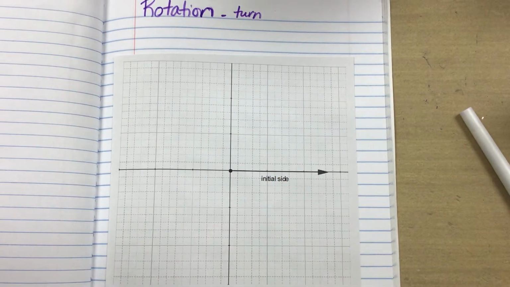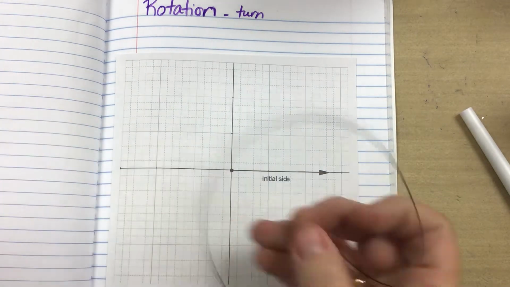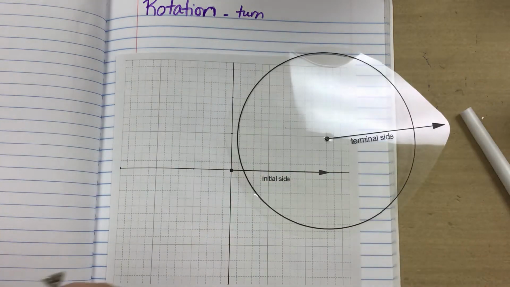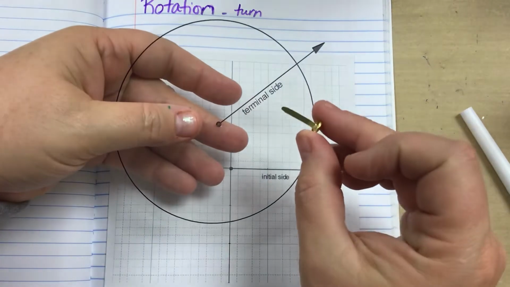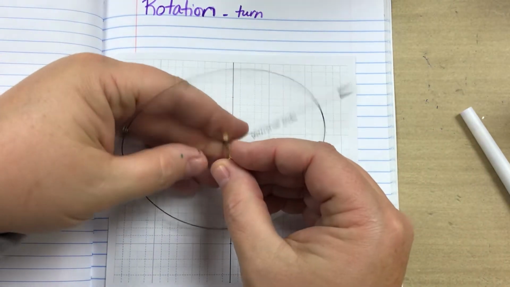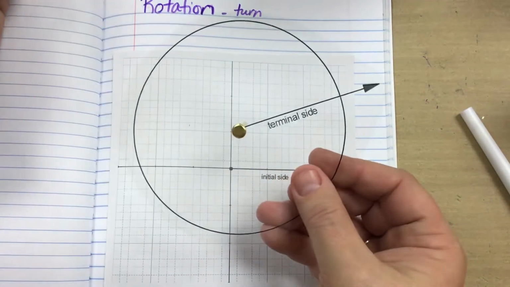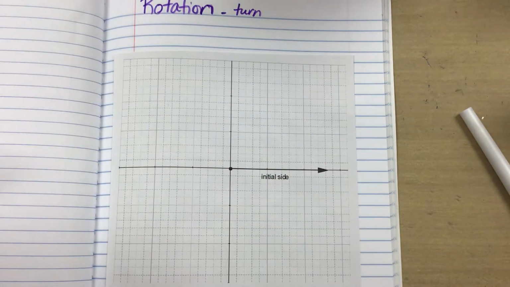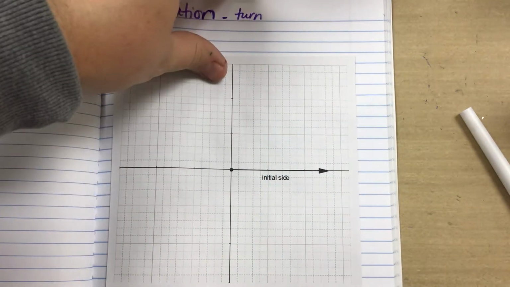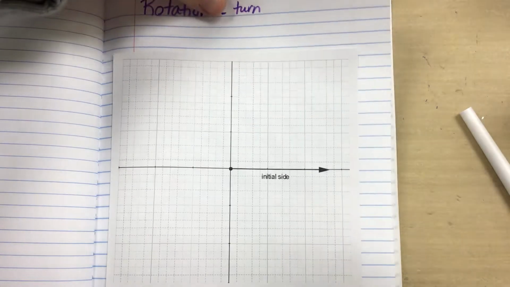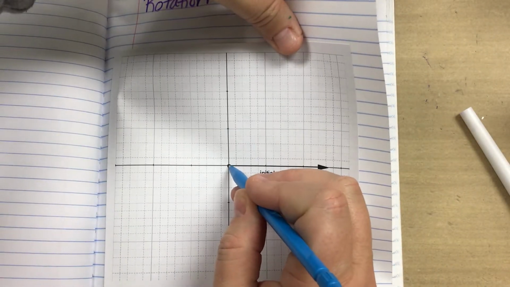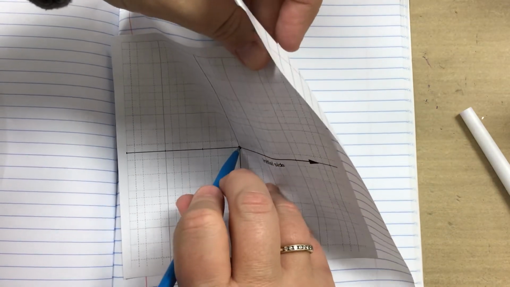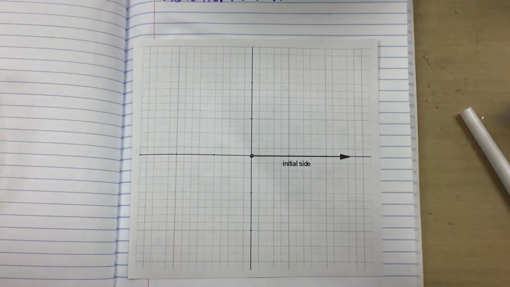So step 2, I have already poked a hole through the center of your transparency. It looks like the center of your circle. So you're going to take your brass fastener and poke it through the center so it looks like this. And then you're going to poke a hole through your paper at the origin of your graph paper. You can use a pencil or a pen, or if you're struggling, I have the stylus end of my compass.